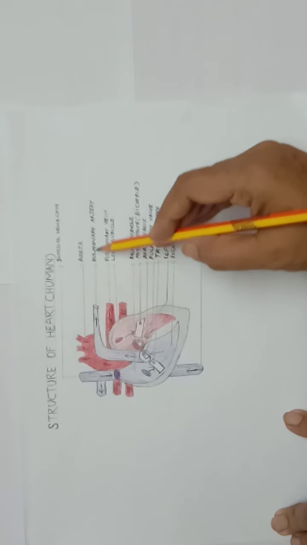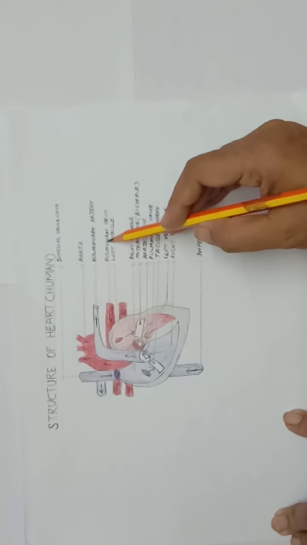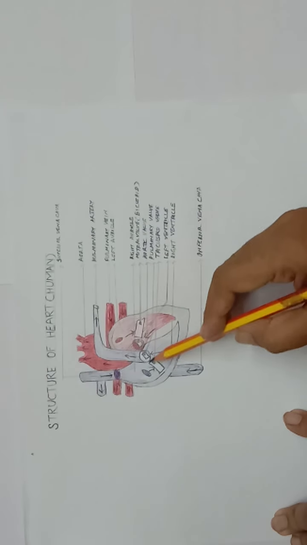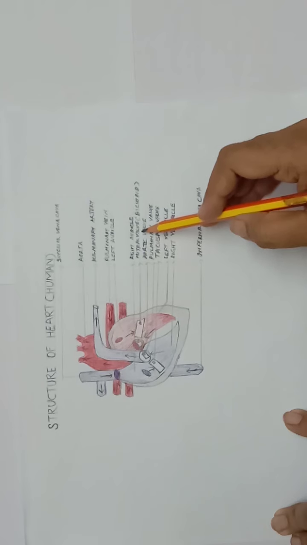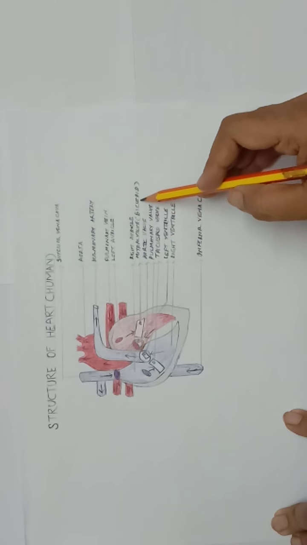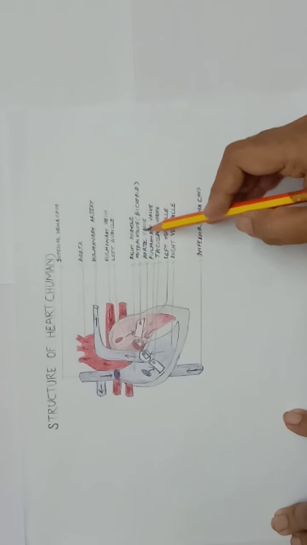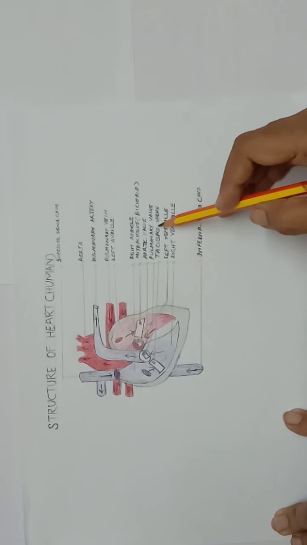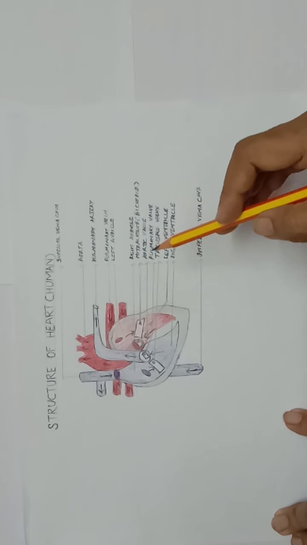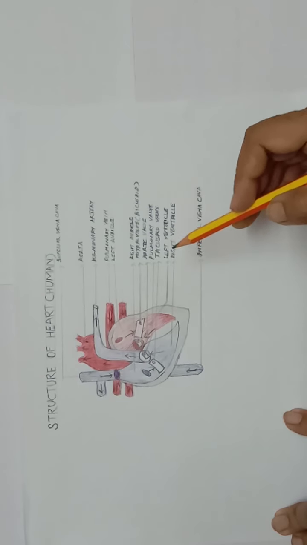This is the pulmonary artery, this is the pulmonary vein, and these four are the valves: mitral valve, also known as bicuspid valve, aortic valve, pulmonary valve and tricuspid valve. Valves are there in the heart to prevent backflow of blood, and they are flap-like structures.